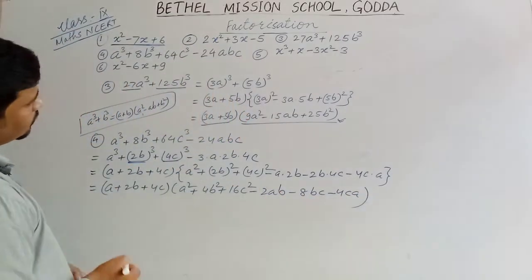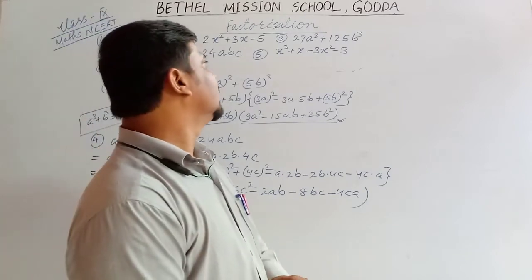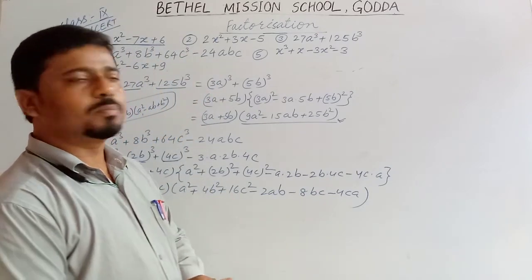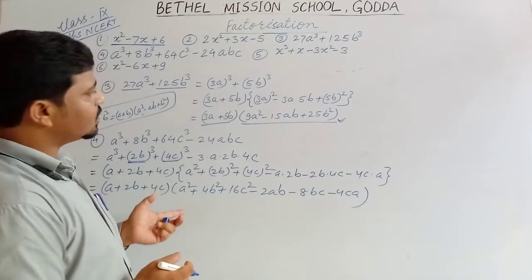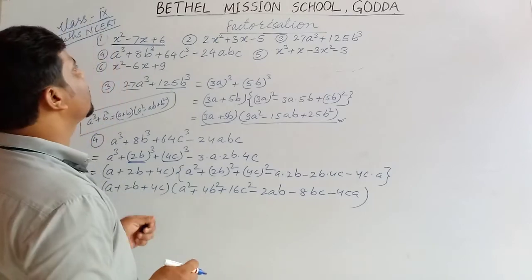This is it. So for factorization you have to learn all the algebraic identities, because without all algebraic identities it is not possible to factorize.